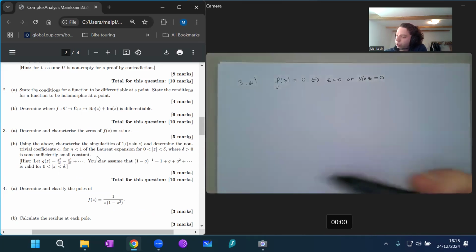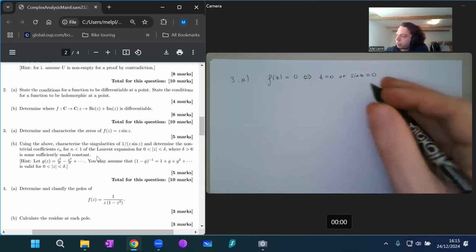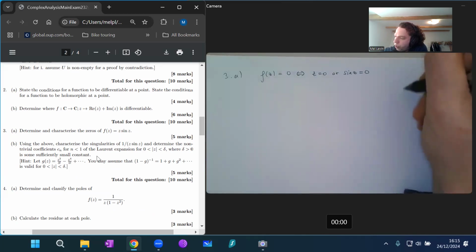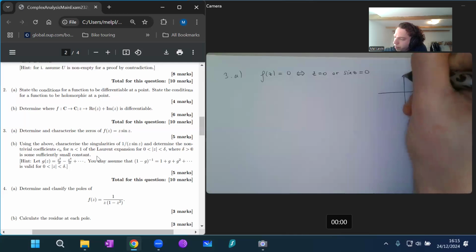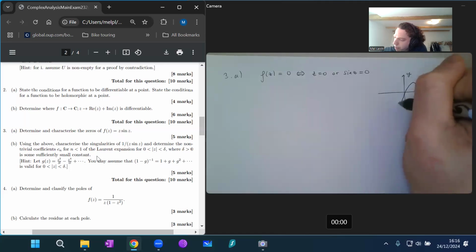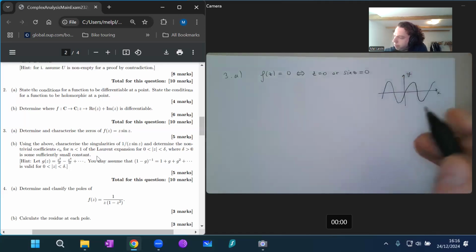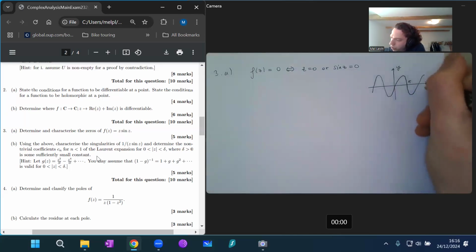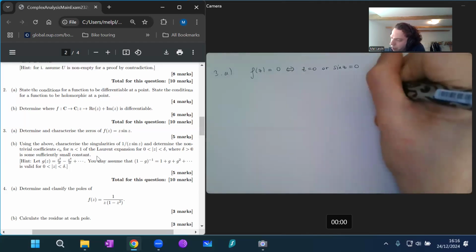So as you already know well, for sine of x, it's got plenty of zeros, and those occur at the multiples of pi.